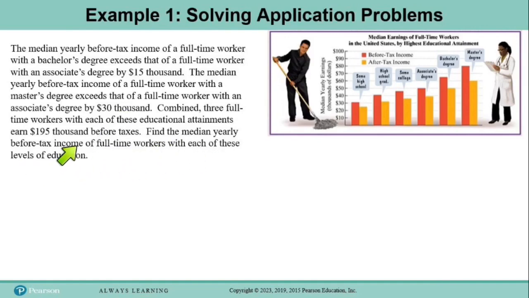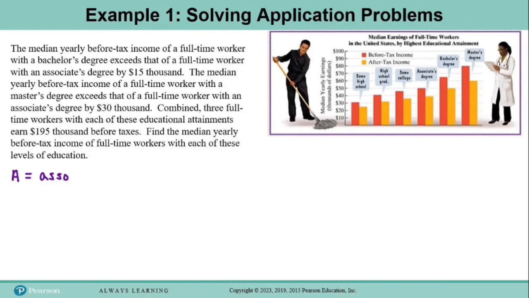Which levels of education? Well, the ones that were mentioned in the problem. So let's go back. They talked about a full-time worker with a bachelor's degree, a full-time worker with an associate's degree, and a full-time worker with a master's degree. So we are responsible for finding the median yearly before-tax income of a worker with an associate's degree, a bachelor's degree, and a master's degree.